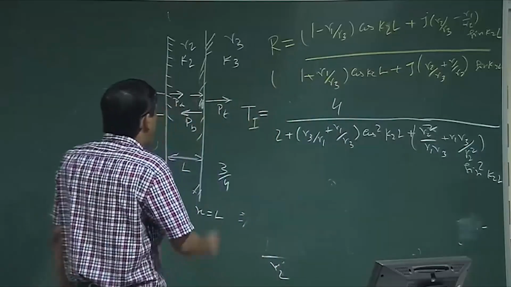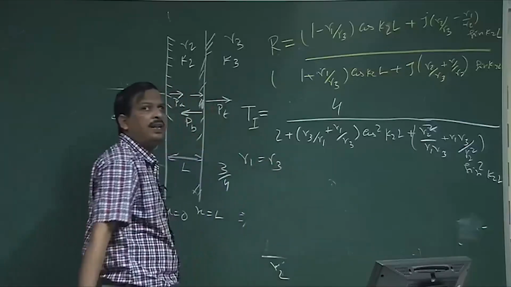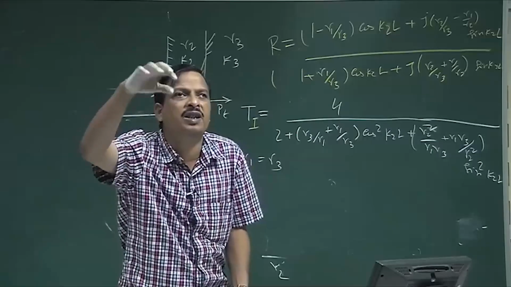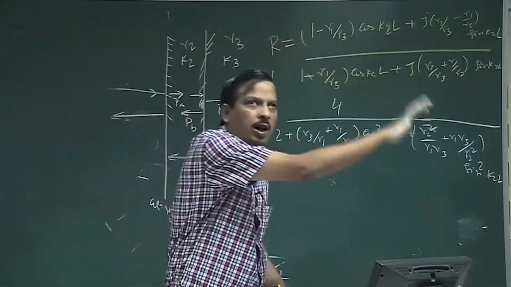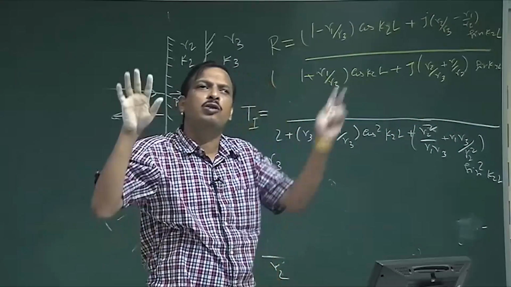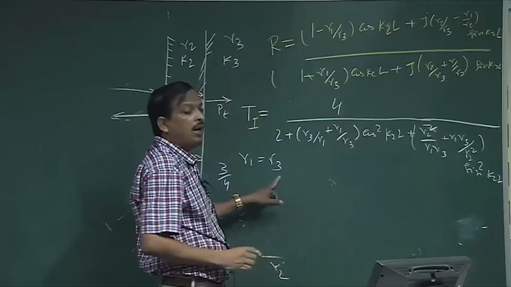Now, if I consider that R1 and R3 are equal, what is the meaning? Sound is transmitted from the air medium inside this room into the wall, and after the wall there is another air medium. Let the two air media be the same, that means R1 is equal to R3.